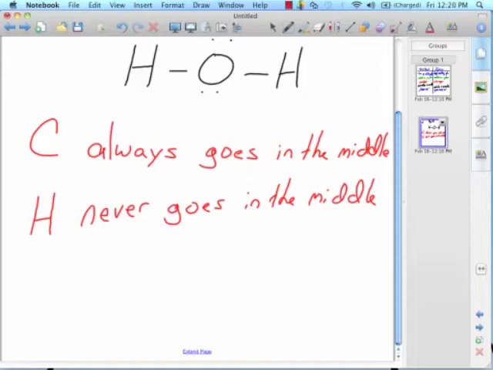Same kind of thing. Group 17 has 7 electrons. How many do they want to have? One more, 8. So how many bonds are they trying to make? They're trying to make one bond, aren't they? Would they be good in the middle?